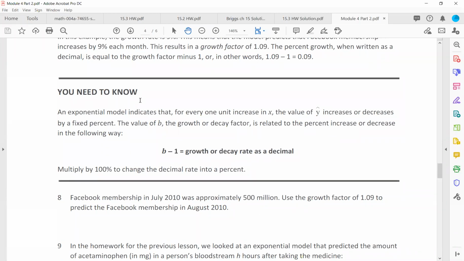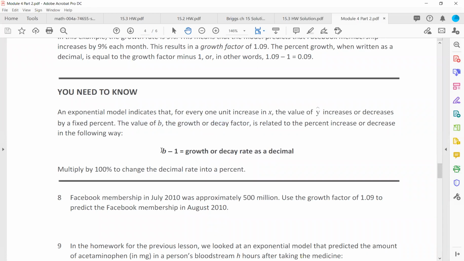You need to know that an exponential model indicates that for every 1 unit increase in X, the value of your Y hat, or the predicted value, increases or decreases by a fixed percent. The value of B, the growth or decay factor, is related to the percent increase or percent decrease.